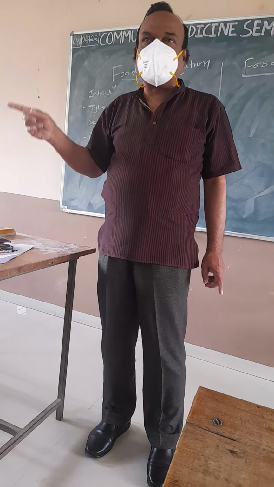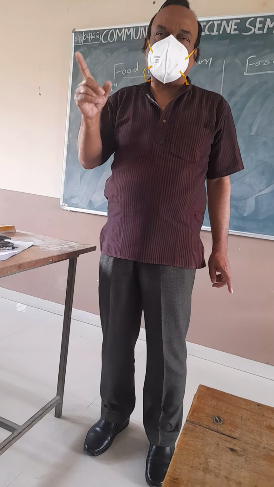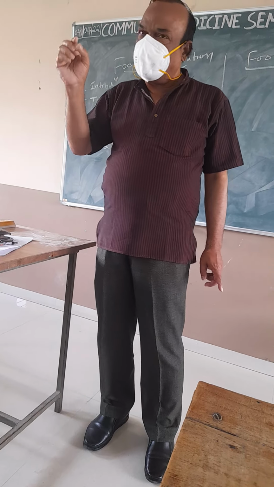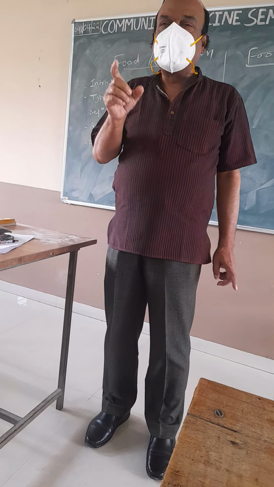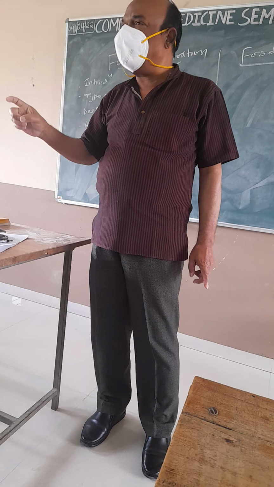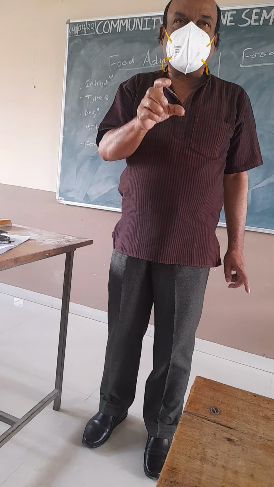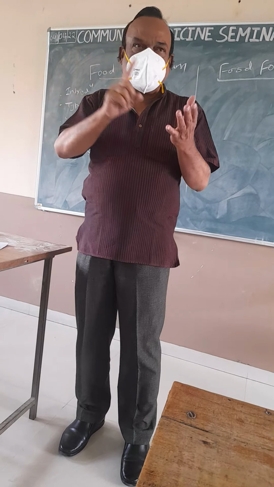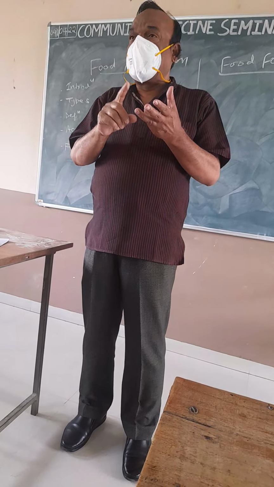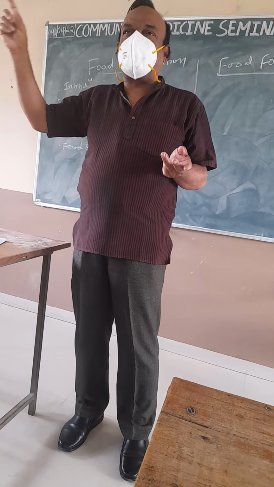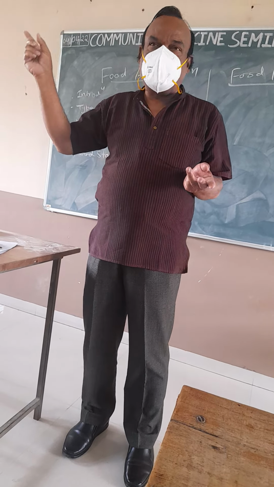But additives of second category. The first category are intentionally added. Additives of second category, the second classification, are not intentionally added, but are accidentally or incidentally added to the food material during packing, during processing, and during practices which are used by the farmers in the farm.